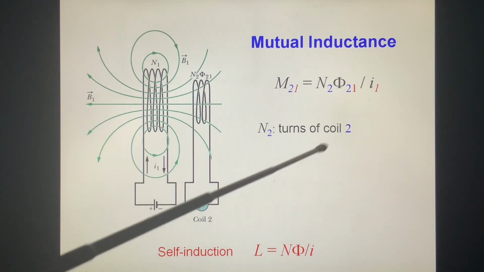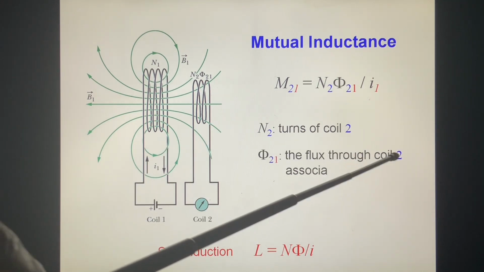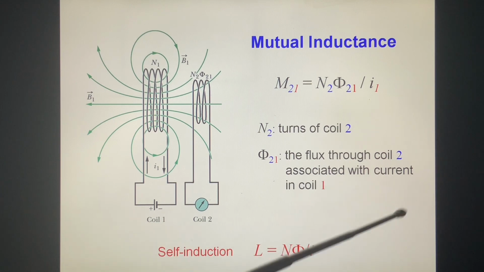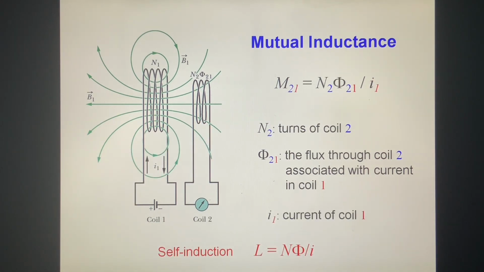N2 is the number of turns of coil 2. Phi21 is the flux through coil 2 associated with current in coil 1. And I1 is the current in coil 1. This is the definition of mutual inductance.